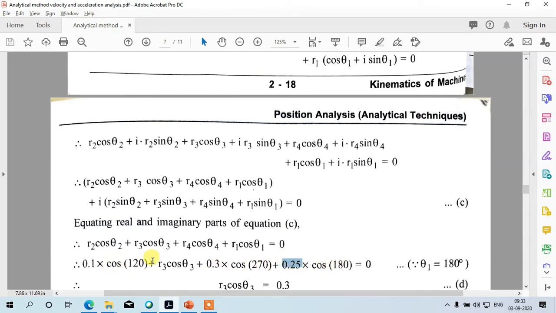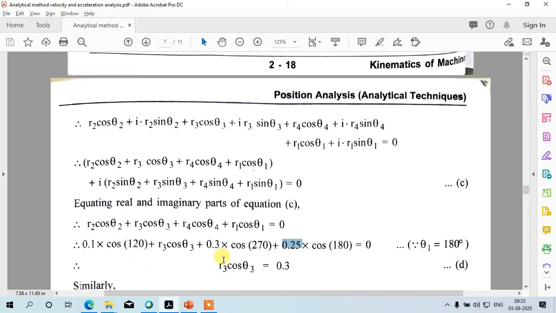Okay, so just calculate all these things. So we'll get R3 cos theta 3 is equal to 0.3. Now we have these two unknowns in this, so we are not getting our solution, so we will compare the imaginary part.